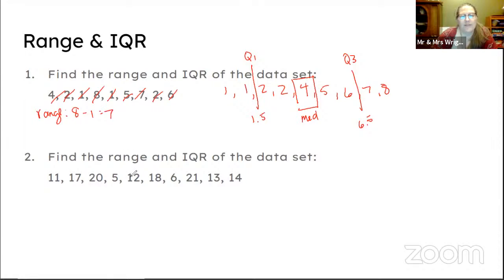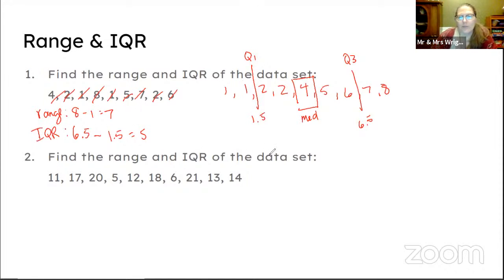So my range is 7. My IQR, or interquartile range, is going to be Q3, which is 6.5, minus Q1, which is 1.5. And that's going to be 5. So range is 7, IQR is 5.